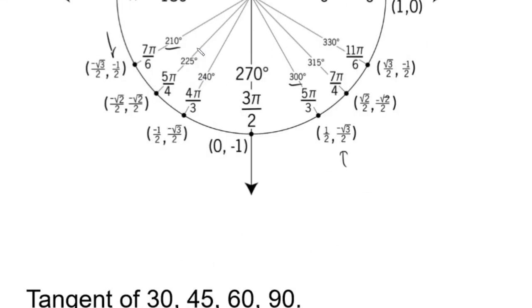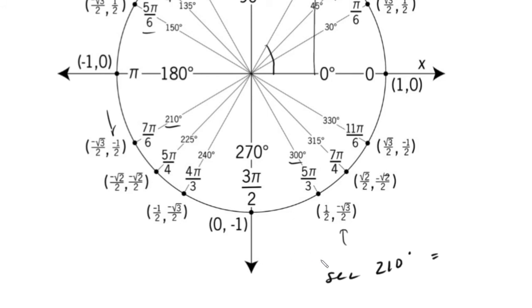I would ask you for stuff like, what is secant of 210 degrees? And you just have to tell me what the secant of 210 degrees is. And here's how you do it. First things first, you would think, okay, secant is the reciprocal of cosine. And then you think cosine relates to x. Sine relates to y.